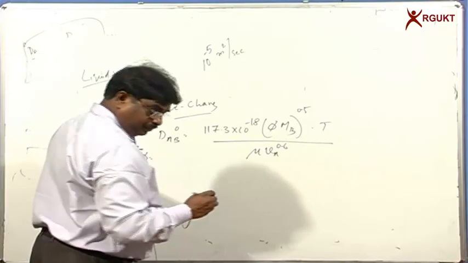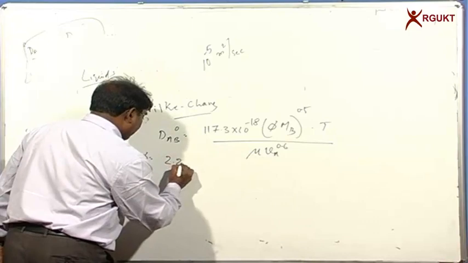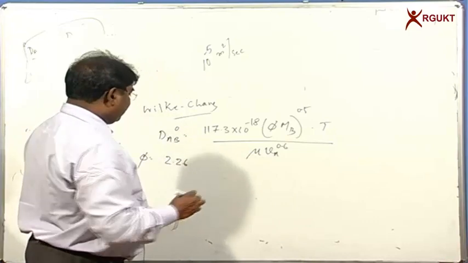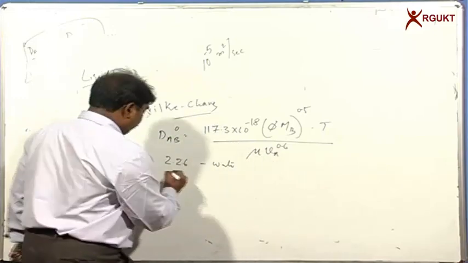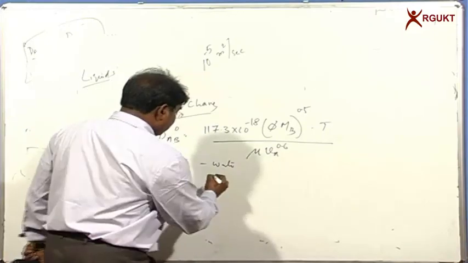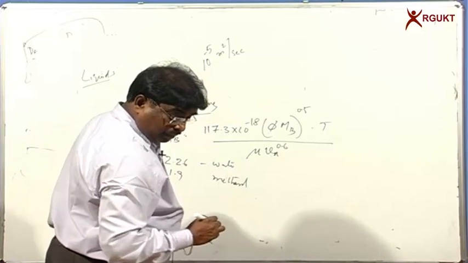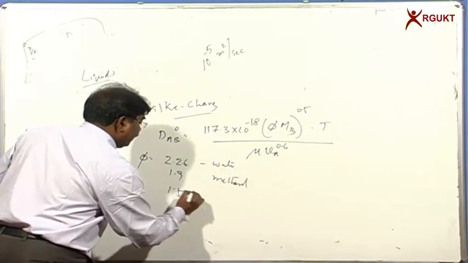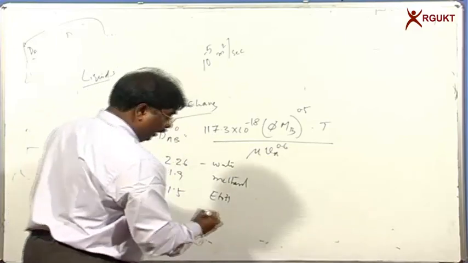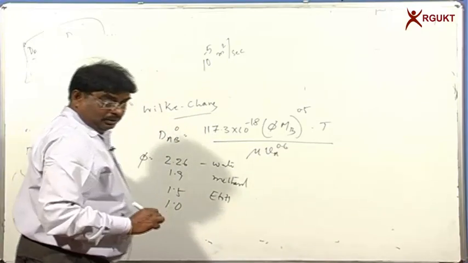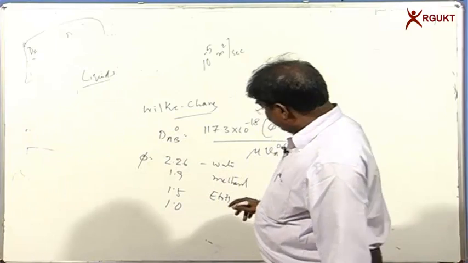This association factor is 2.26 for water as the liquid, and this value is equal to 1.9 for methanol as a solvent, and 1.5 for ethanol, and this value is equal to 1 for non-polar solvents like benzene and ethyl ether, etc.